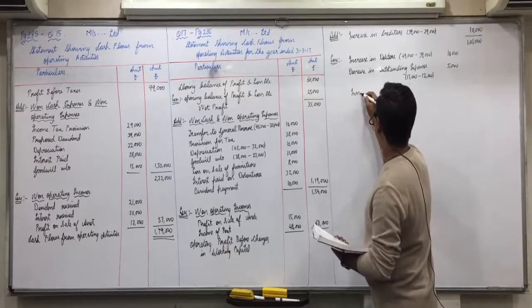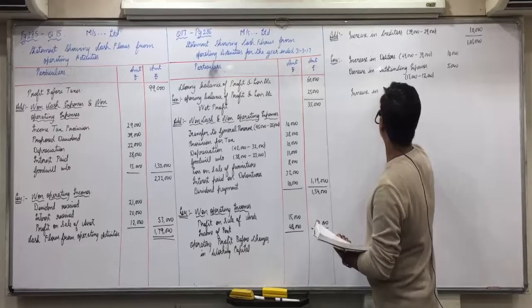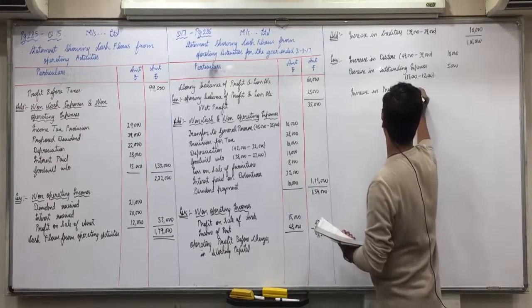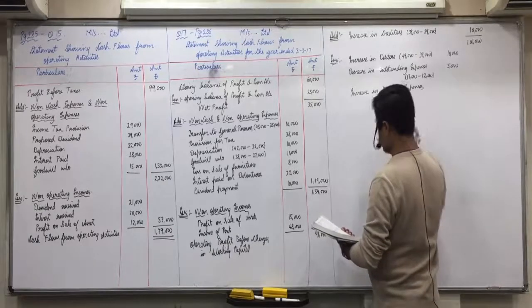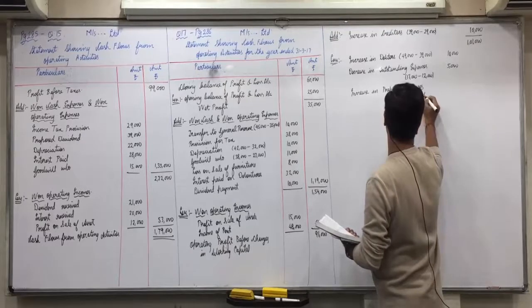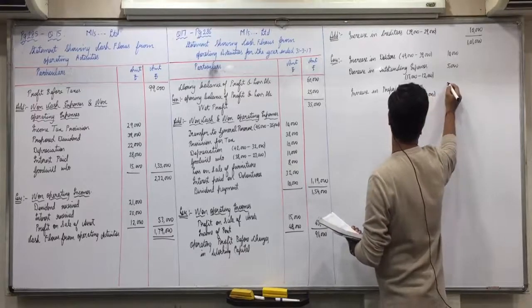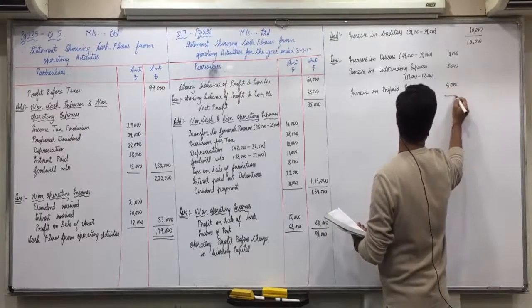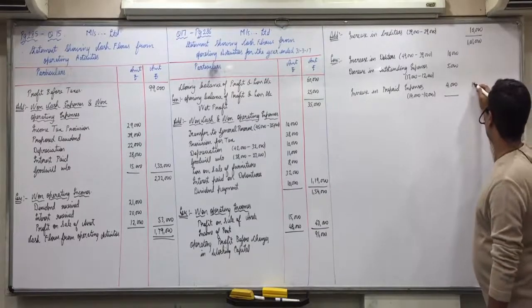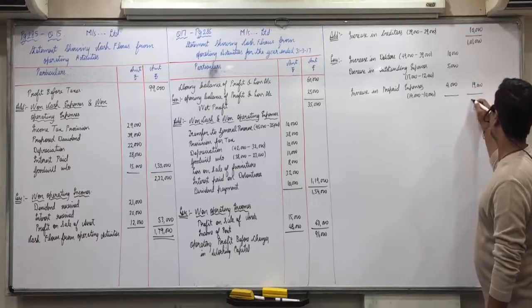Increase in prepaid expenses, 14,000 minus 10,000, 4,000. So 19,000 is what we have to minus. So 82,000.